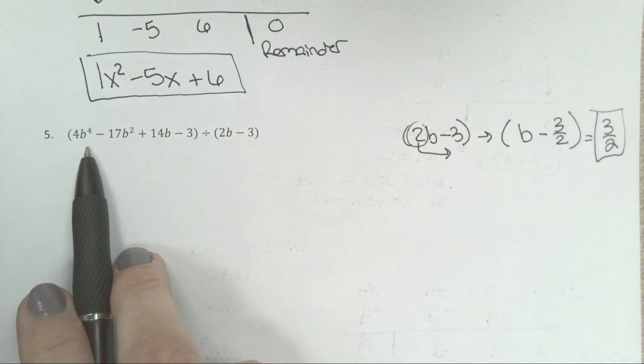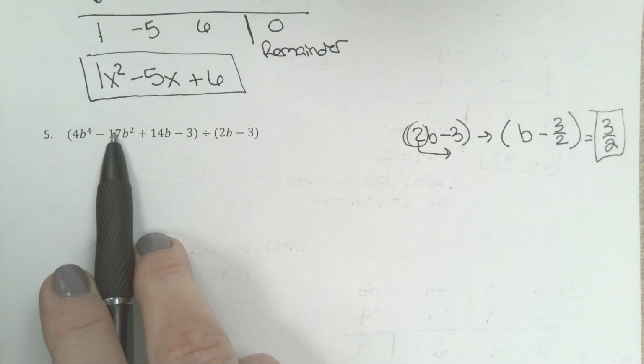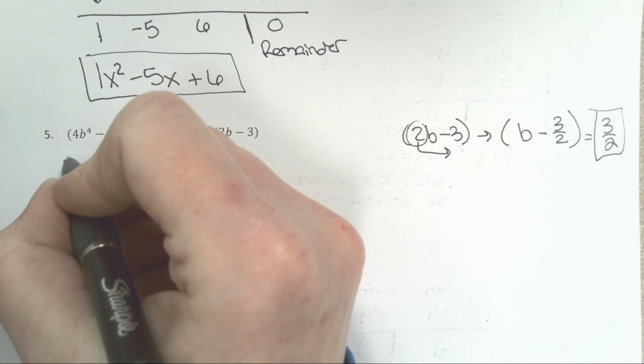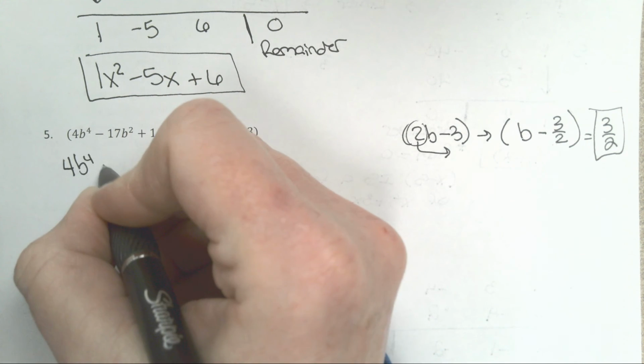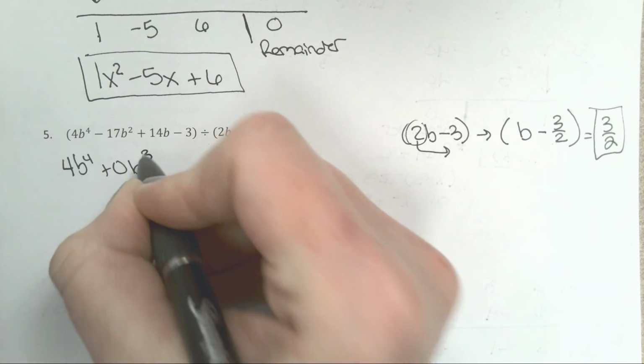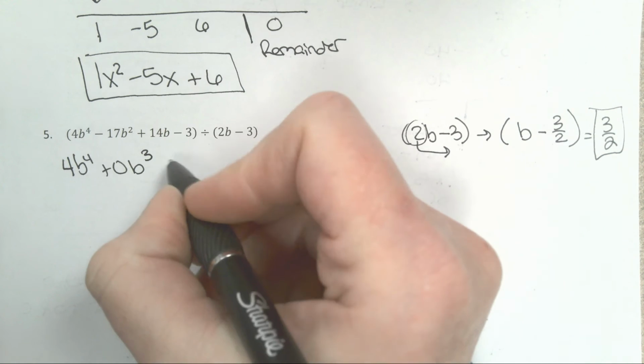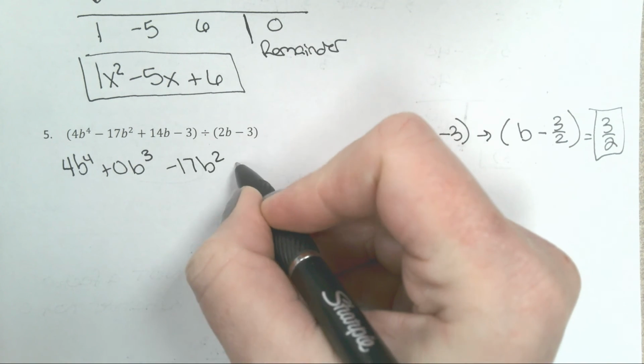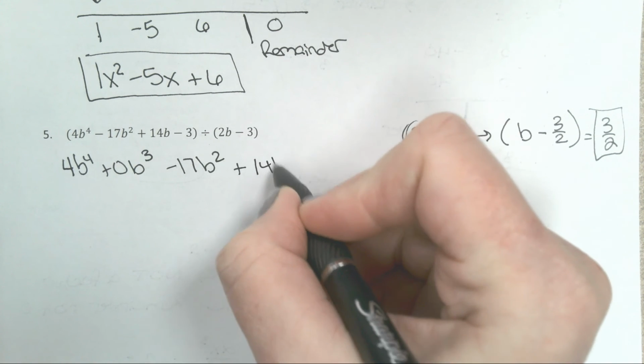Now let's check and see if you need filler zeros. My exponents go 4, 3, oops, there's no 3. So 4b to the 4th plus 0b to the 3rd. I have a second. I have a first.